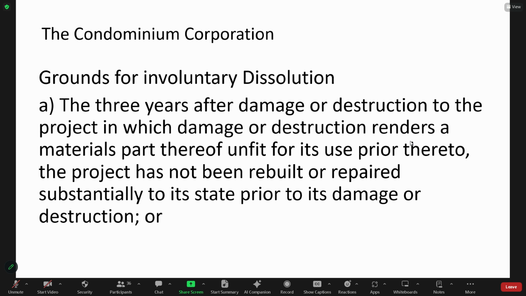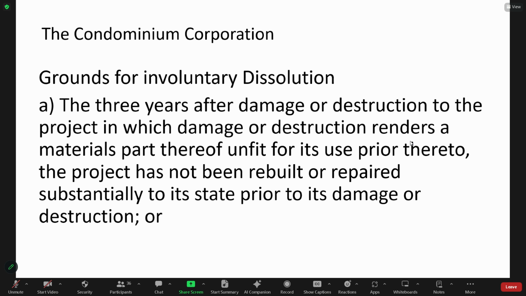Okay. So, na-damage. Hindi na sinabi dito kung anong naka-damage, pero na-damage or na-destroy a material part. So, a significant part of the condominium project was damaged or destroyed. And 3 years na, hindi pa rin napapaayos ng condo corp.